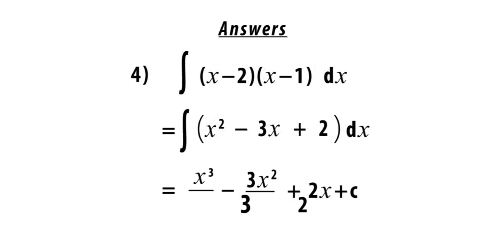The integral of x minus 2 multiplied by x minus 1 dx is equal to x cubed divided by 3 minus 3x squared divided by 2 plus 2x plus c. And here I hope you first expanded before taking the integral. Good.